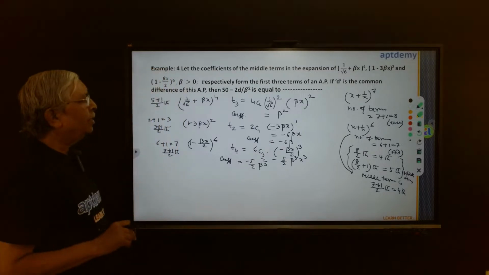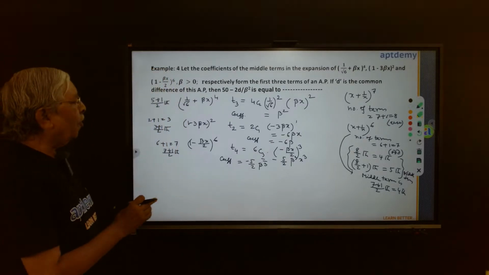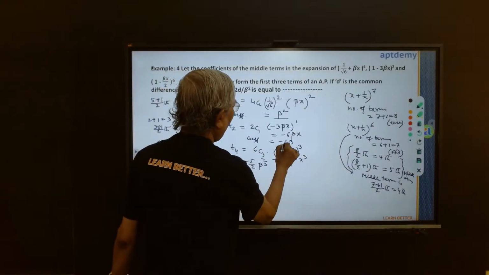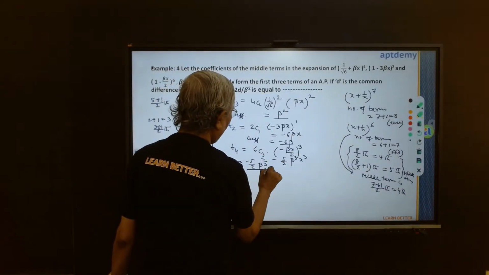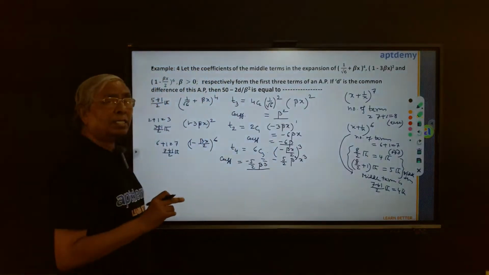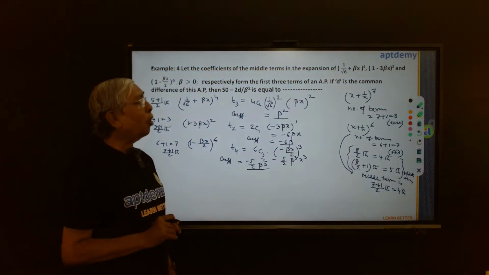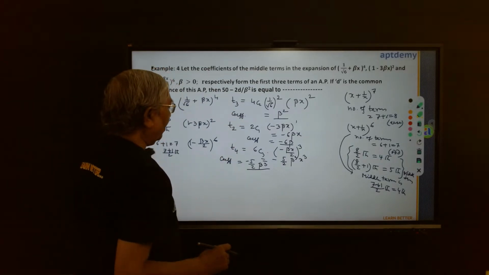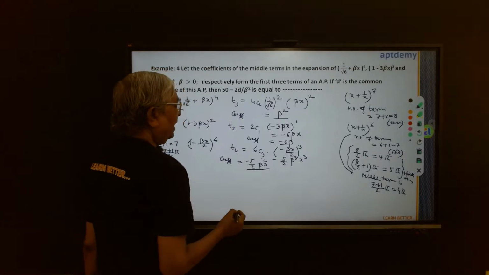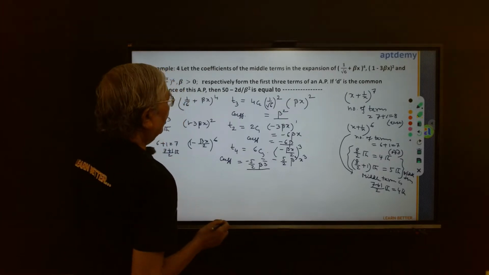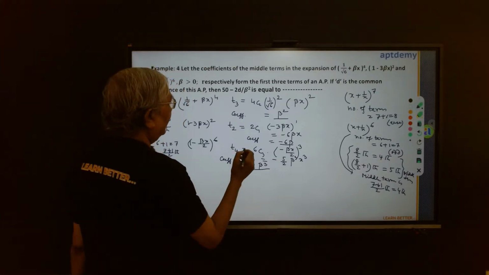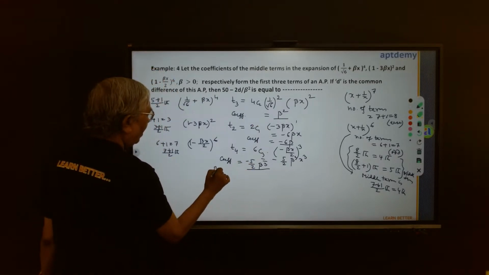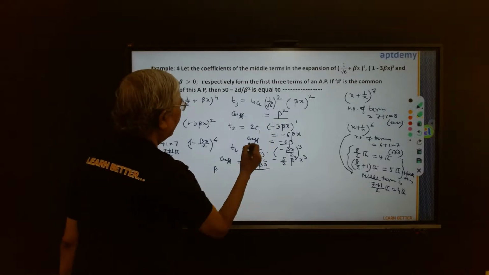What you are given? The first three terms, one coefficient is this, another coefficient is this, third coefficient is this. They form the first three terms of an AP whose common difference is d. So if three numbers are in AP, then A plus C equals 2B.